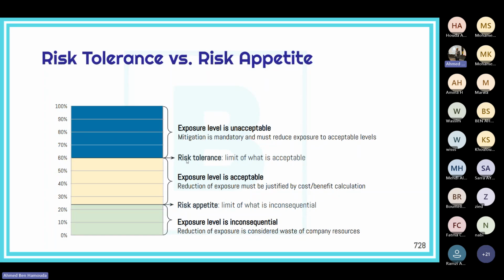However, if any risk's score exceeds the tolerance level, then that means the exposure level is unacceptable, and there must be an immediate mitigation, a mandatory action to reduce the exposure level to acceptable levels. Okay, so this is what risk tolerance and risk appetite are.